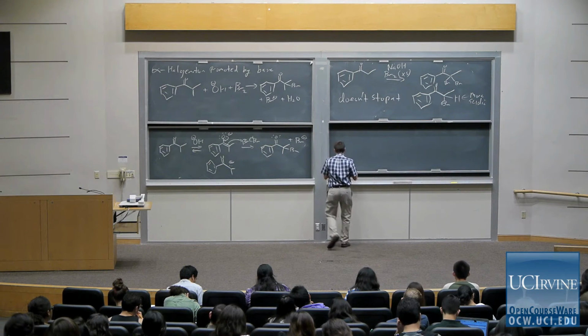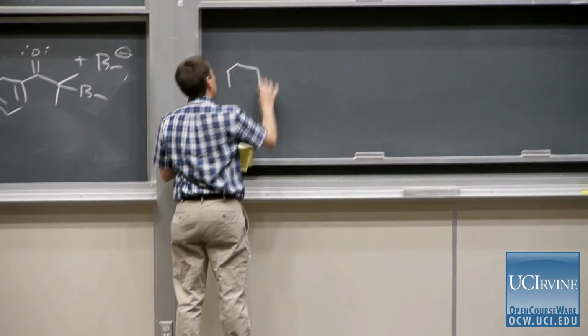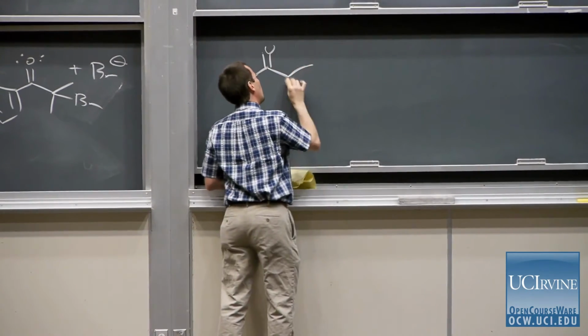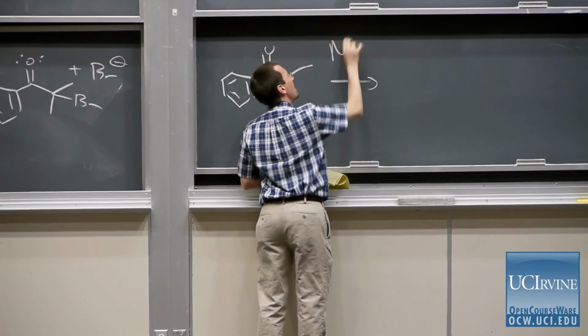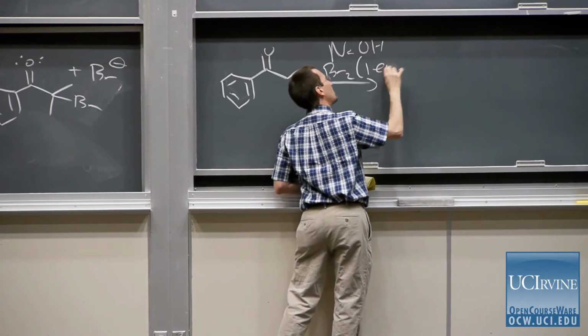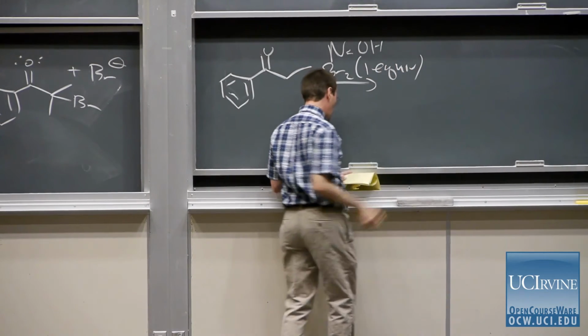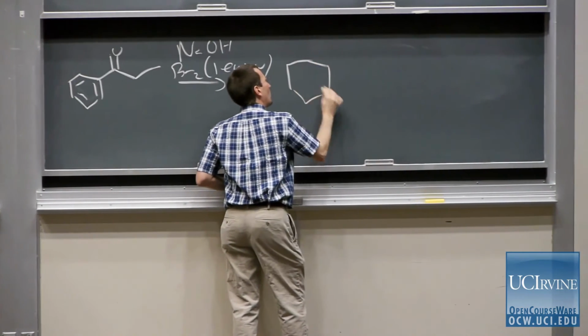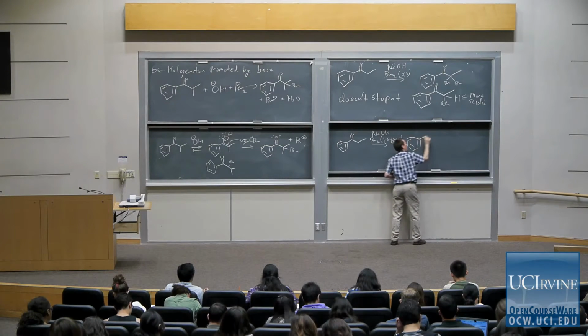So if I wanted to be a troublemaker and use one equivalent, NaOH, Br2, one equivalent, and see what happened, then I'd end up with a mixture of products.